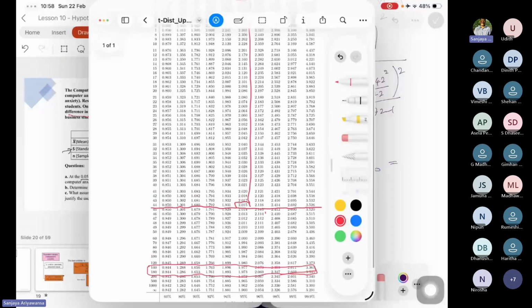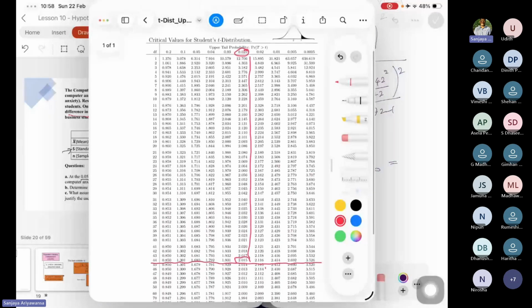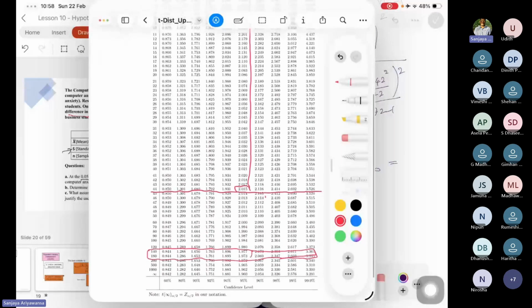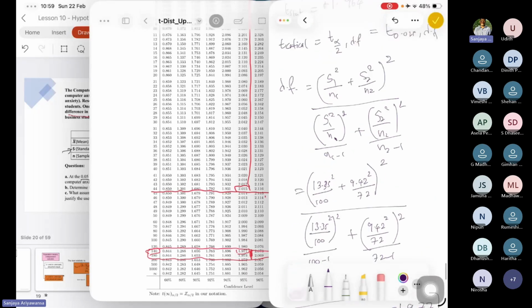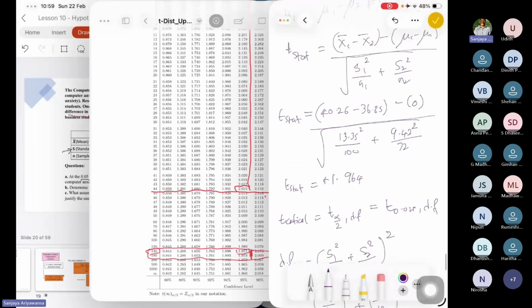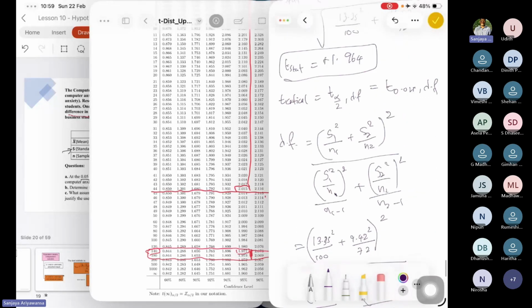For 0.025, the closest value to 150 is 140, so I'll take 1.977. Now we compare this critical value against the t-stat value that we got.